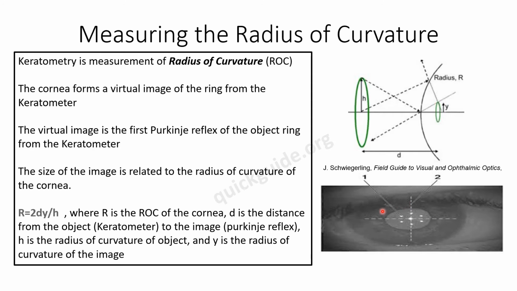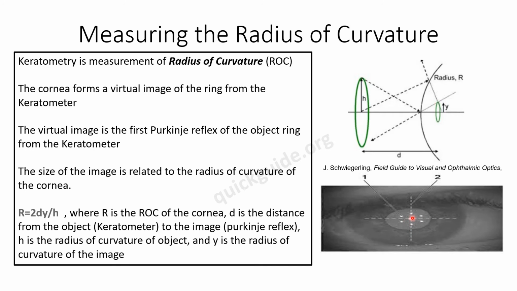In this picture, what you see is the reflection from an optical biometry machine. This optical biometry machine, the IOLMaster 500, threw a series of lights on the anterior cornea, and the reflections of these lights were studied and the radius of curvature was determined.